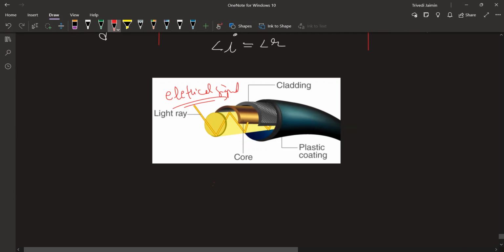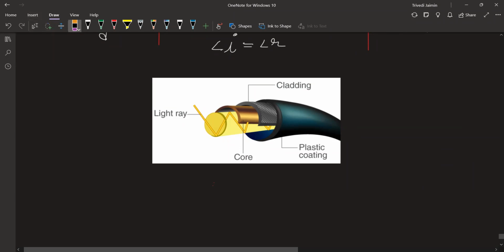This is the fastest. We know that light is the fastest. So we are using this as an optical fiber and sending light rays. It will carry some signals, whatever data we are sending, let's assume Wi-Fi.